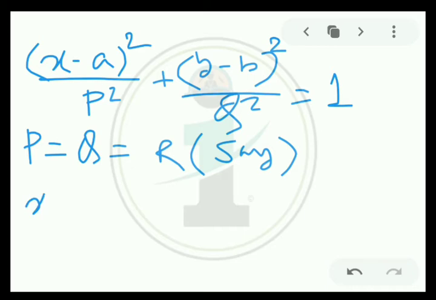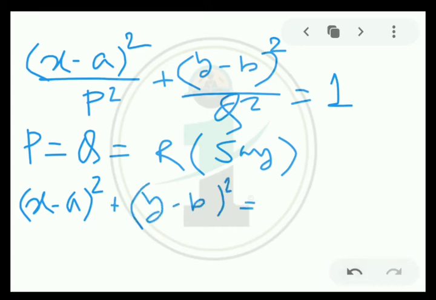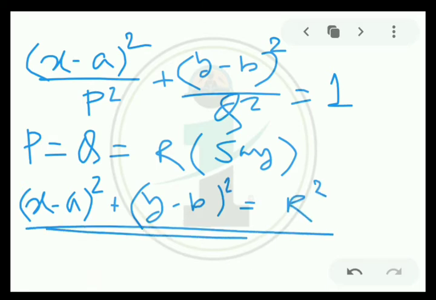Then it will give an equation like this. So this is an equation for a circle. So the specialization of any ellipse is a circle.